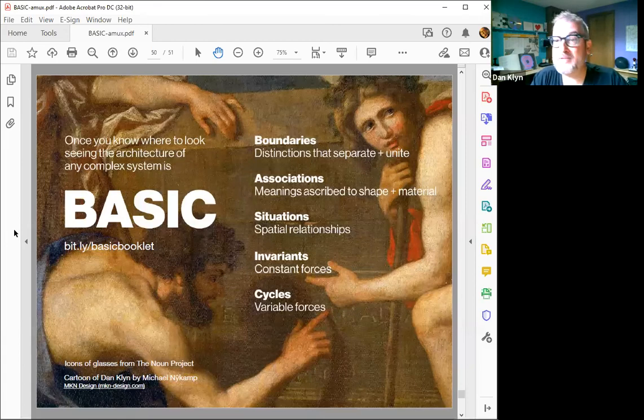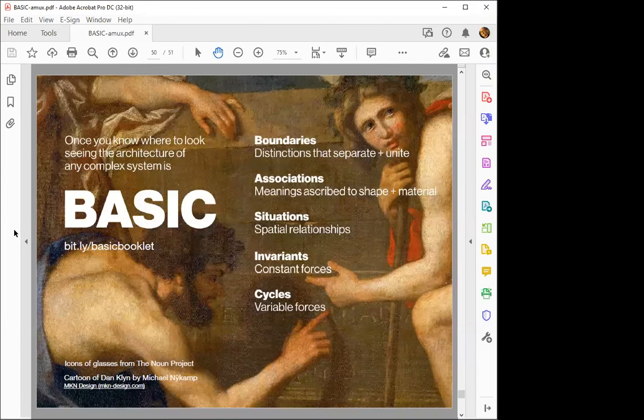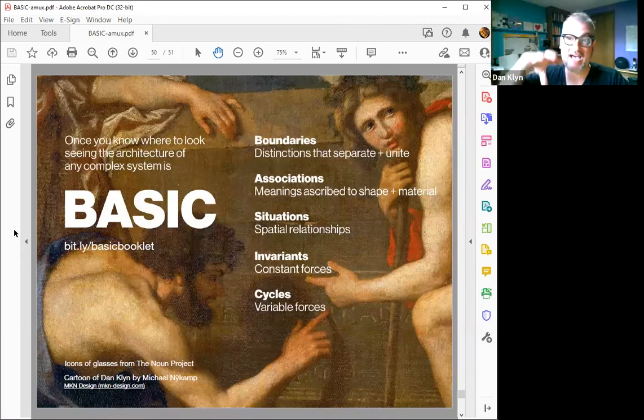It's a little lapel pin to remind you of something that Eliel Saarinen said. He was the founder of Cranbrook, the art school here in Michigan. And he said, always design a thing in the next bigger context. So you design a chair in a room in a house in a, whatever the next order of magnitude is.